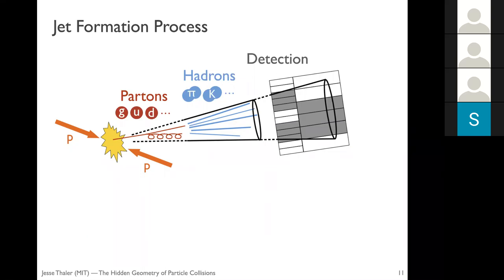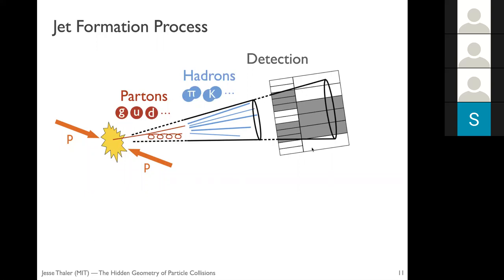So let me just review this. In the standard picture of how jets form, we have a hard process, a collision that generates quarks and gluons in the hard scattering process. Those shower and radiate in the parton shower. We have non-perturbative hadronization. And that is in the end state.